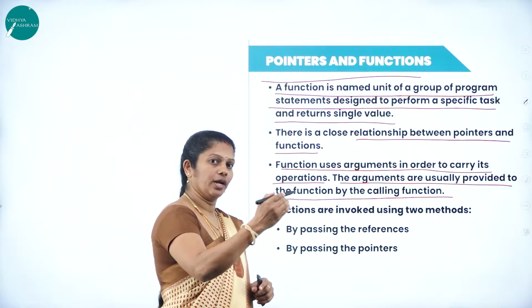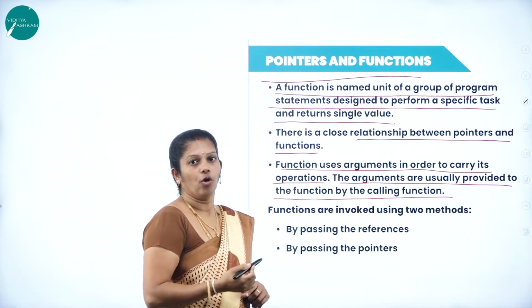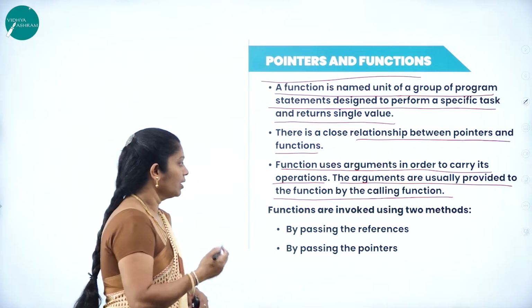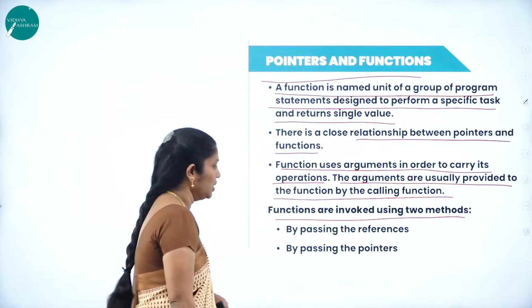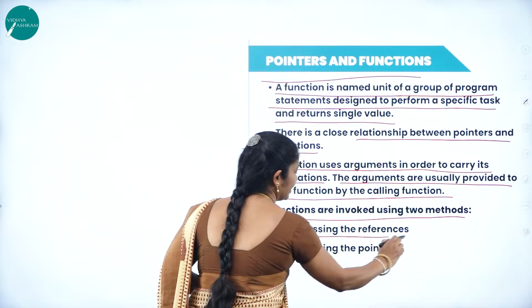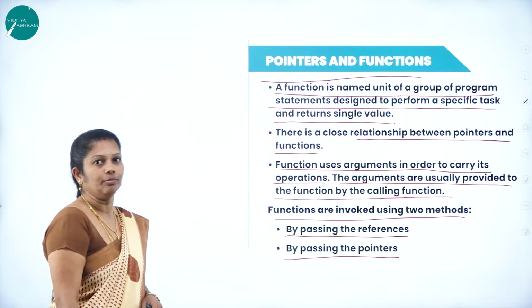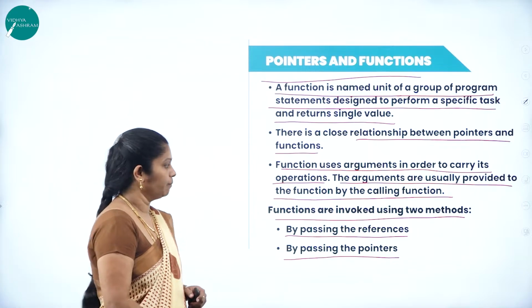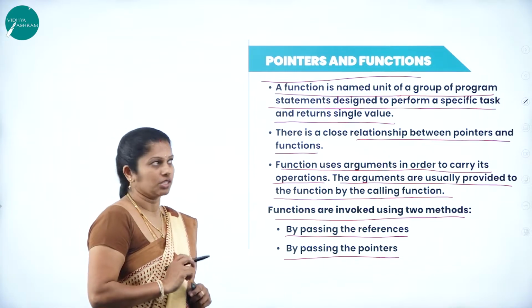From the main program to a subprogram, or from a subprogram to the main program, arguments can be passed. Functions are invoked using two methods especially. One is by passing the reference and one more by passing the pointers. In two methods, functions can be invoked, that is by passing the reference or by passing the pointer concept.